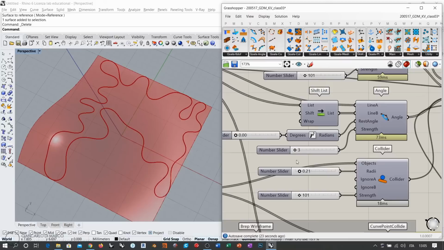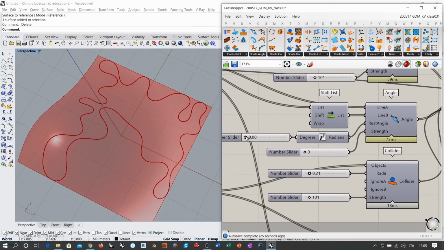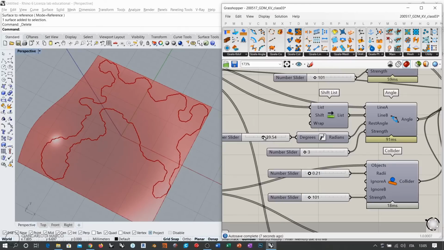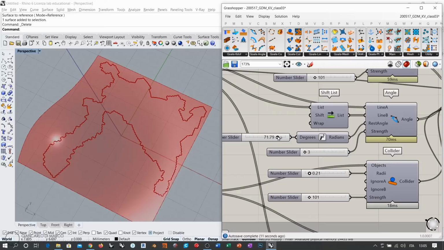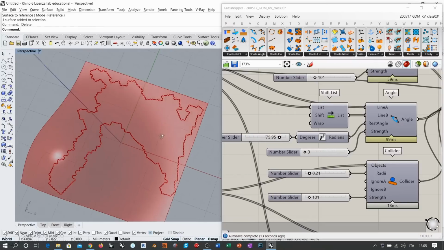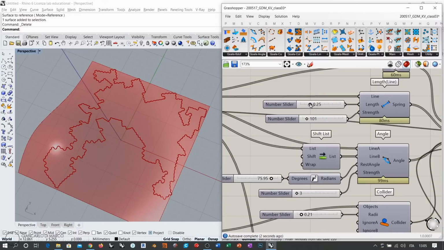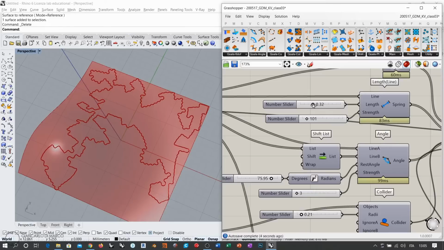Okay, and for example, now that I have this curve quite smooth and open, I can also work with this angle directly, and you see how this is becoming crispy and like a polygonal curve. We can also increase the size of the edges in order for these polygons or these sides to become wider and wider.